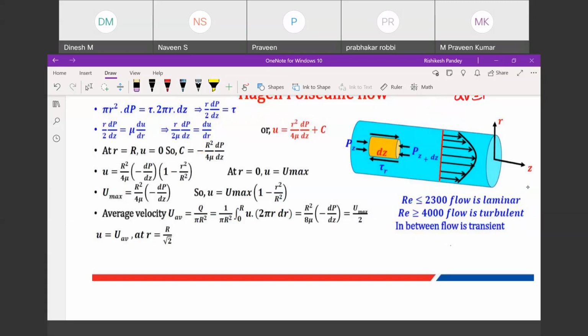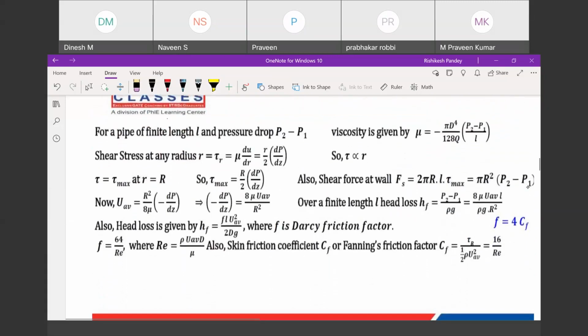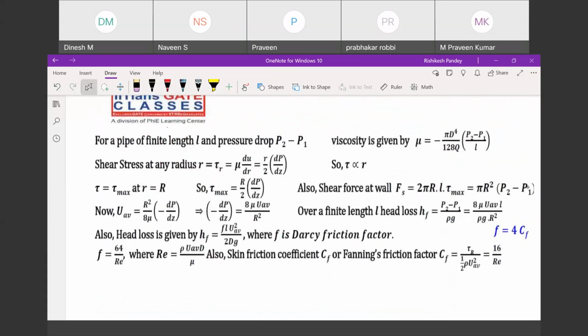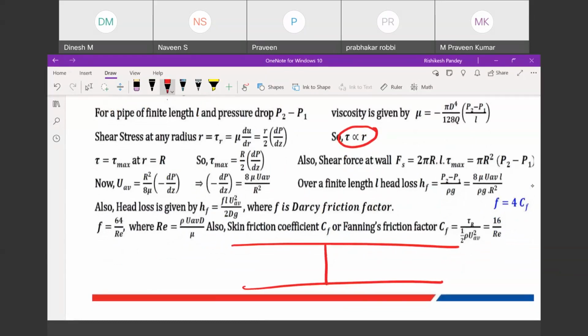Okay. Now next, again, we have to see the shear stress also. Shear stress is directly proportional to r, which tells you shear stress varies linearly. So this is my pipeline, and if at any location you want to plot your shear stress, at the center it will be 0, and at the wall it will be maximum.